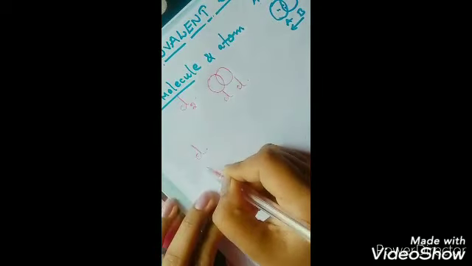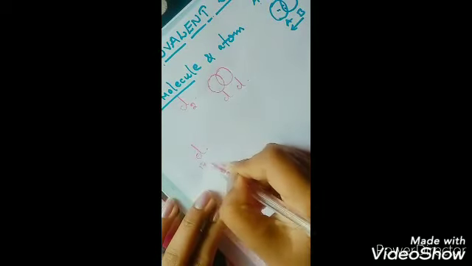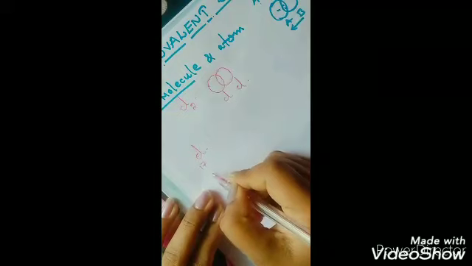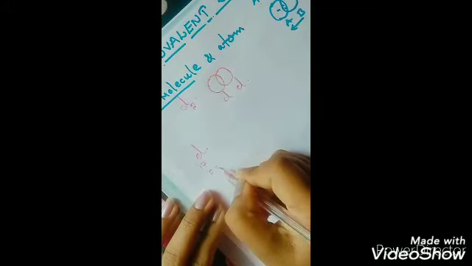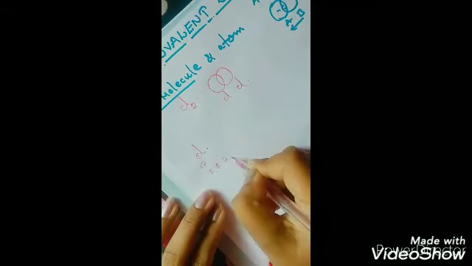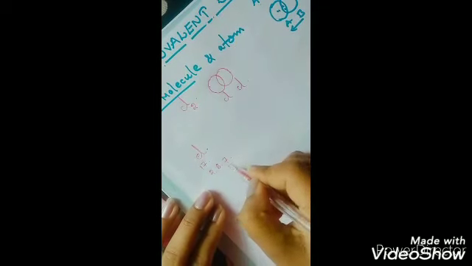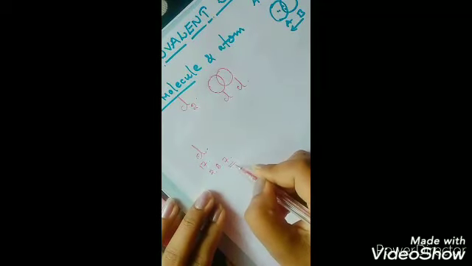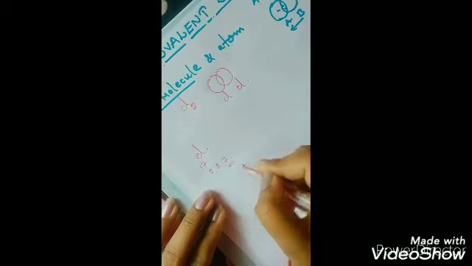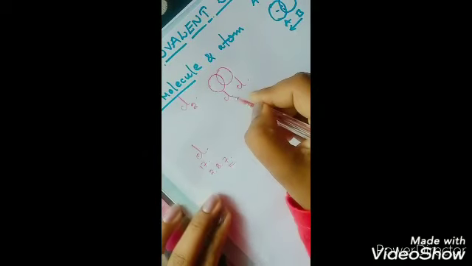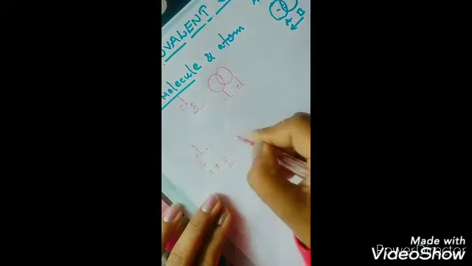The chlorine atomic number is 17, and the electronic configuration is 2, 8, 7. That means it has 7 valency electrons in its outermost shell. Here, how many chlorine atoms are there? 2 chlorine atoms.